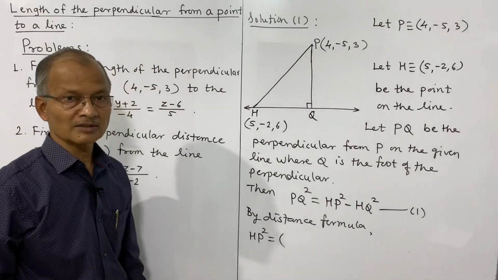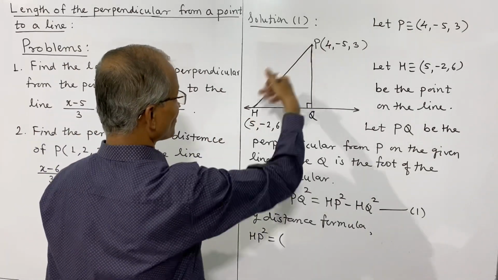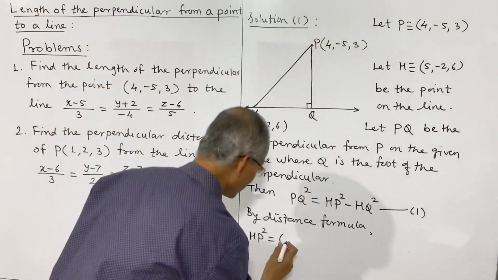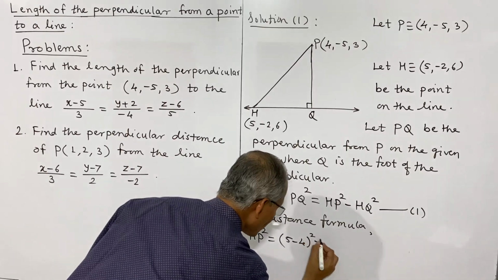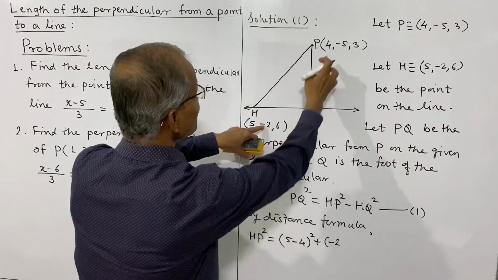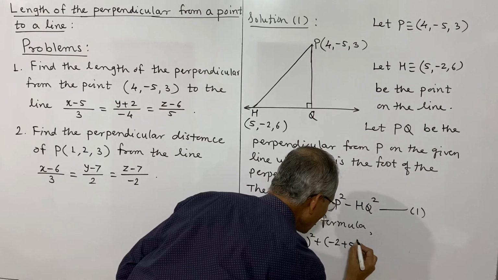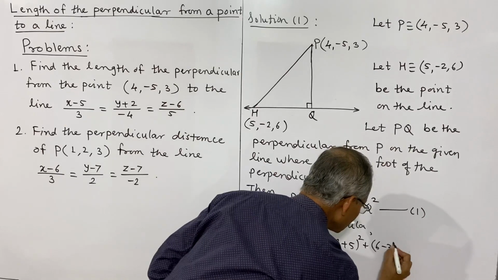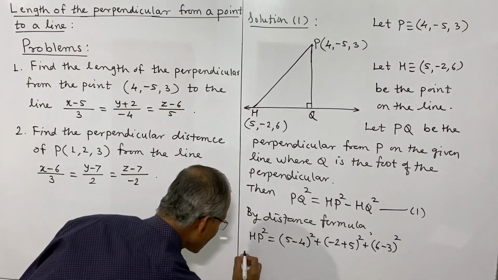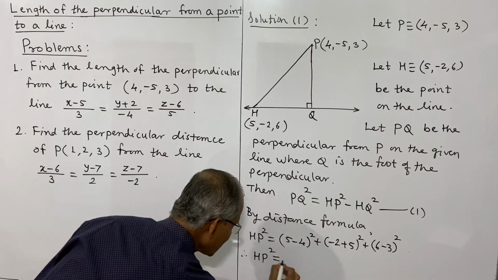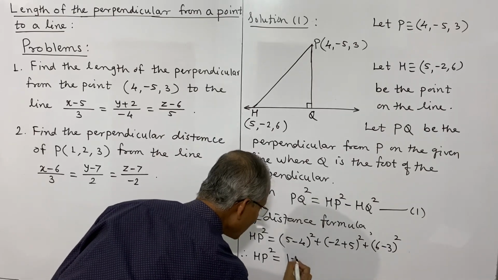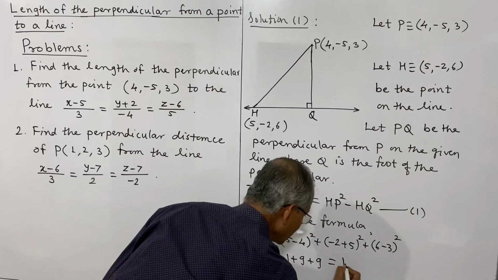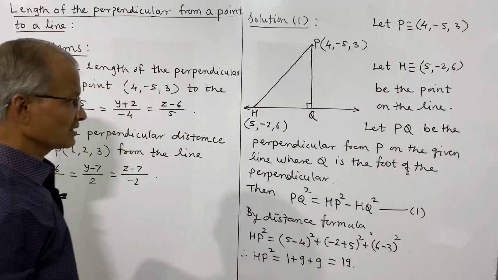We can subtract the coordinates in either way, because we are squaring. So HP square is 1 plus 9 plus 9, that is 19. HP square we have obtained as 19.